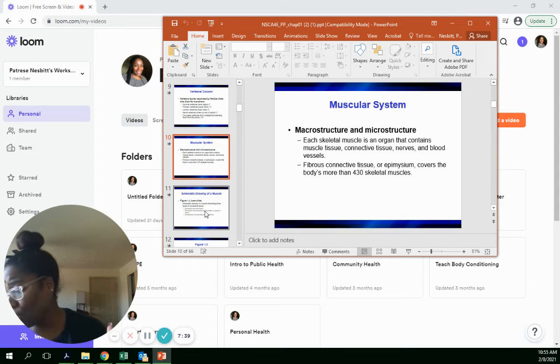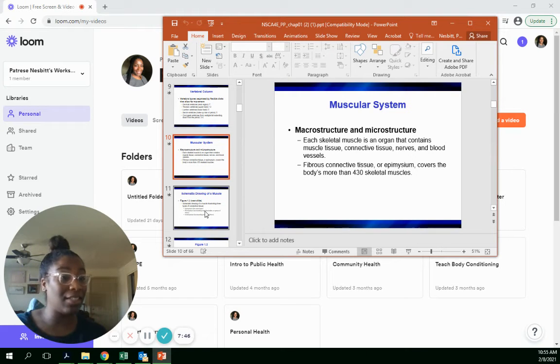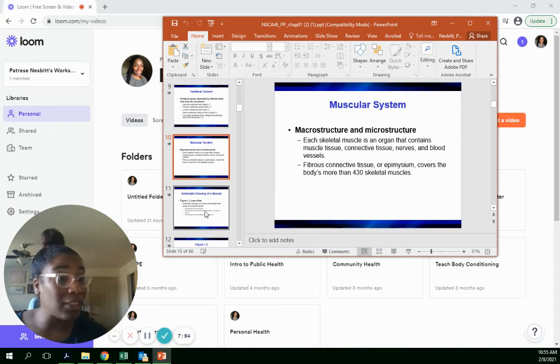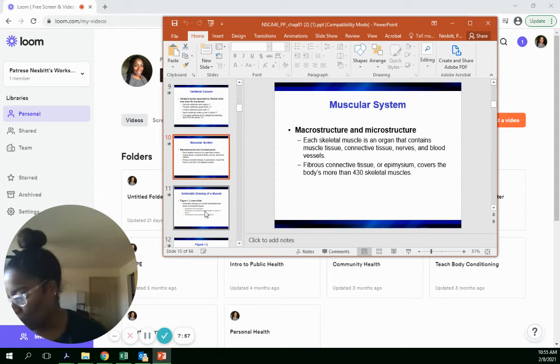Ipsilateral means on the same side, and contralateral is different sides. Remember ipsilateral, contralateral, intermediate, proximal, distal, superficial, and deep.